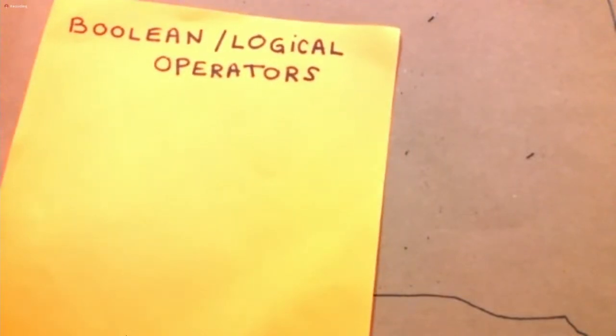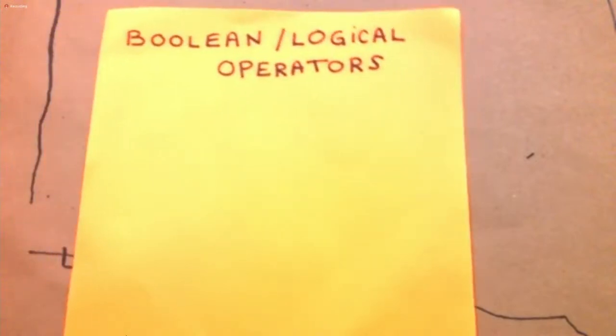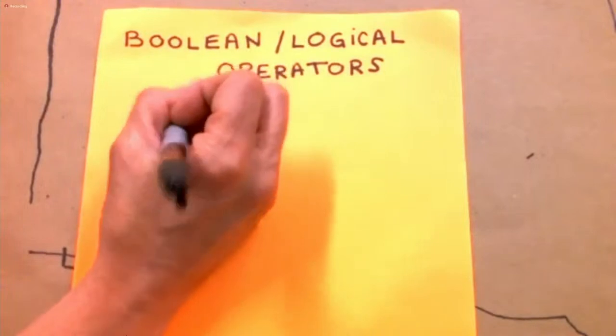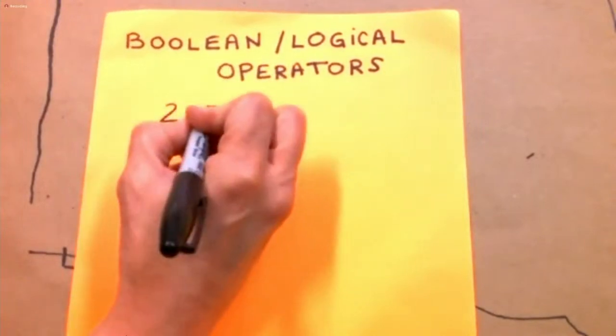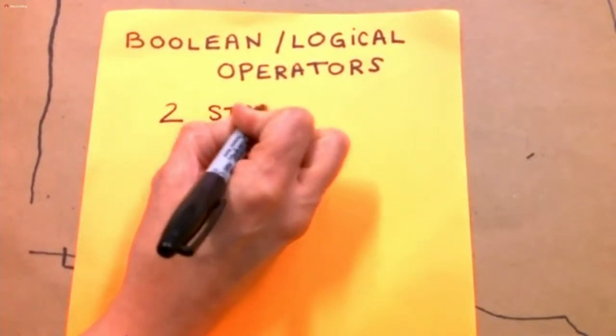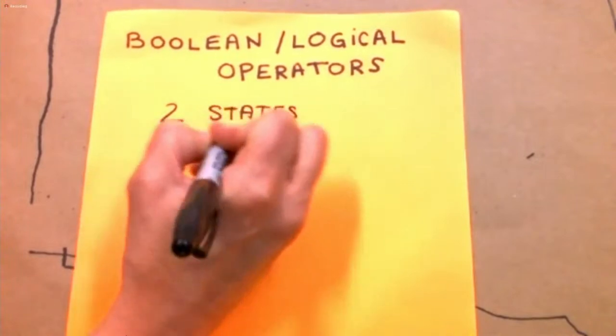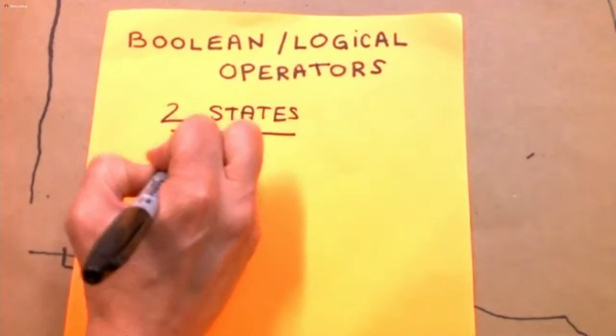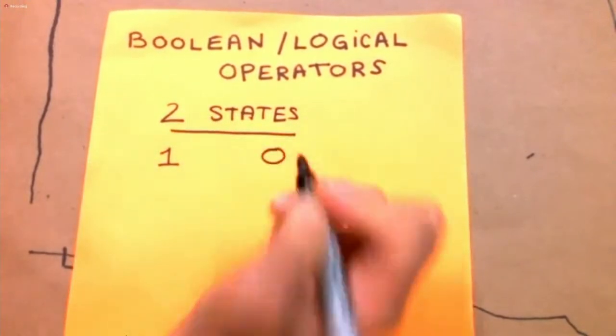And Boolean operators are actually a lot like that decision-making tree that we just looked at. Boolean operators have two states, and they can be called different things, but there's only two of them. Sometimes they're called 1 and 0.